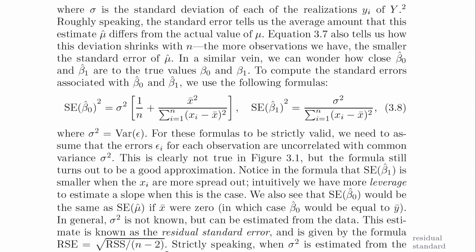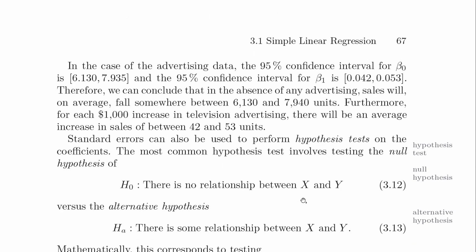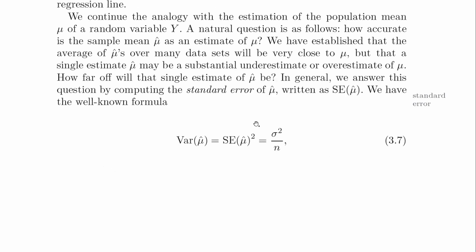Moving on, roughly speaking, the standard error tells us the average amount that this estimate mu hat differs from the actual value of mu. So what we're looking at is the standard error is saying, take an average mu hat, take your population mu. Now remember, you don't know the population mu, but what you could do is once you calculate the standard error, you could say, okay, I know my standard error.